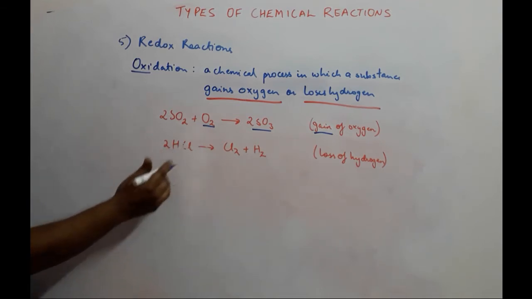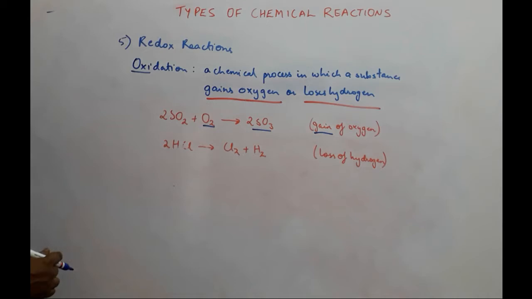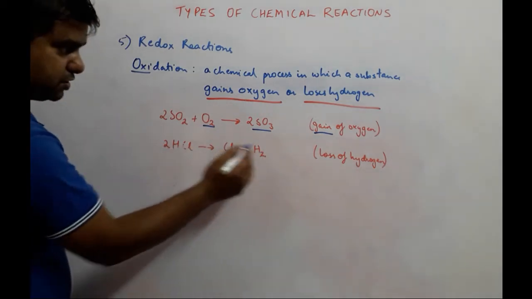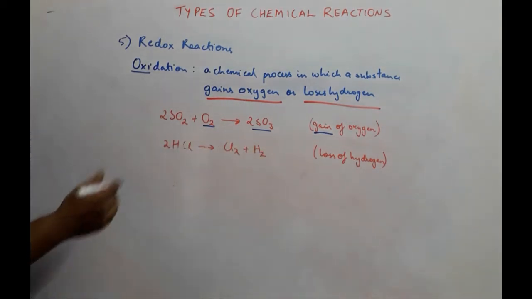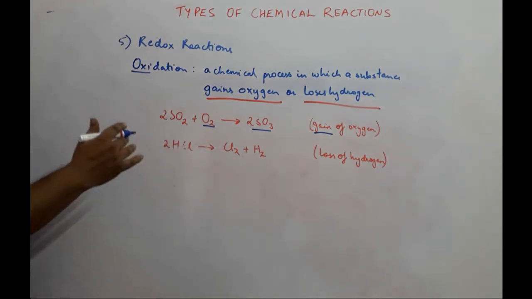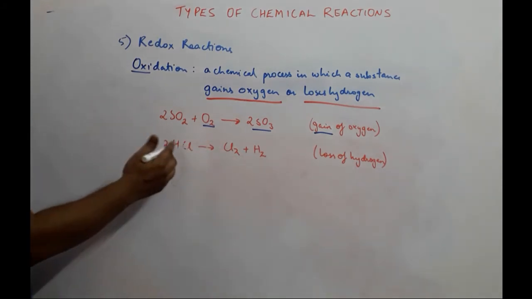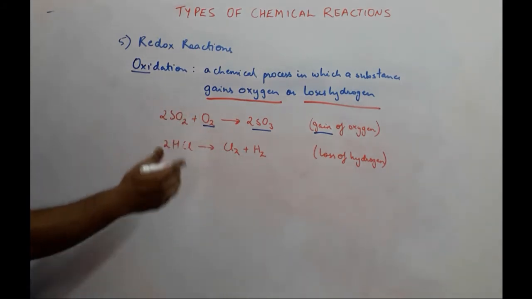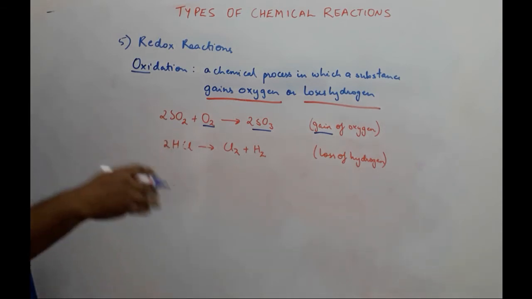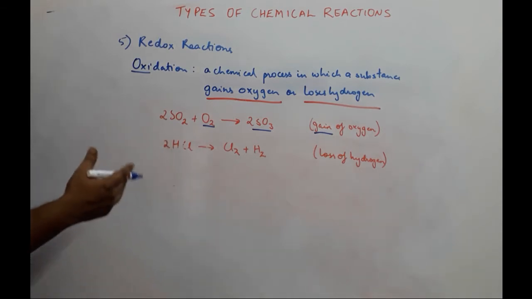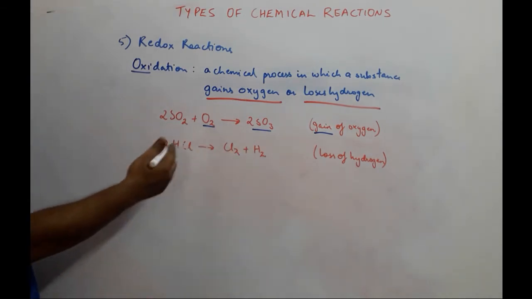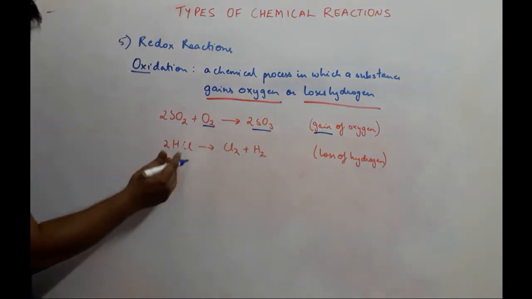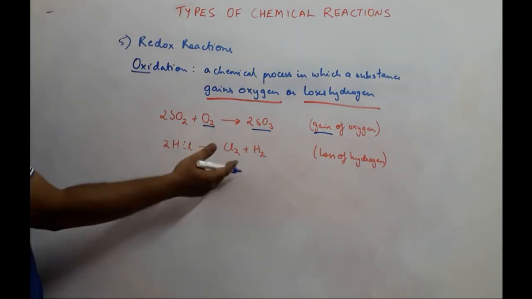So hydrochloric acid had 2 atoms of hydrogen, that is lost separately. Remember, being lost and being destroyed are 2 different things. We cannot destroy, mass can neither be created nor be destroyed according to the law of conservation of mass, but yes, we can lose it, or in this case when we talk about losing, hydrochloric acid is losing it.